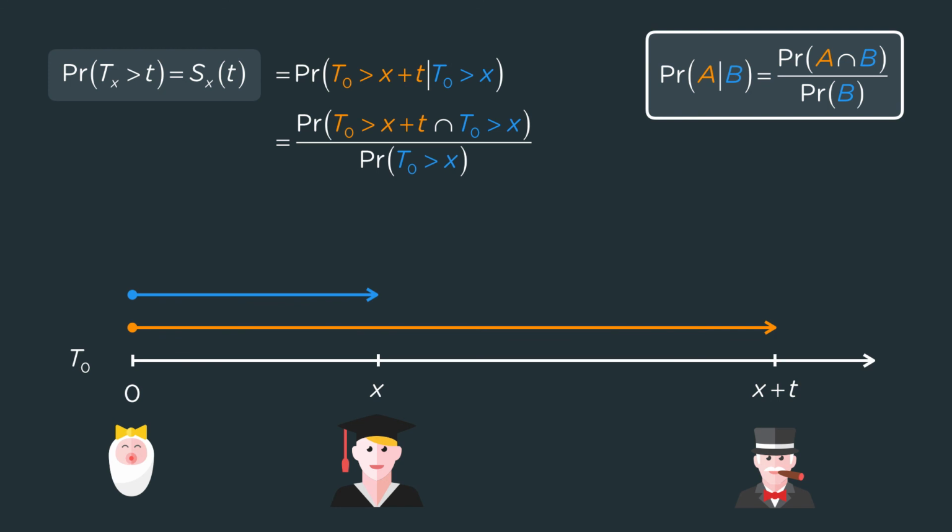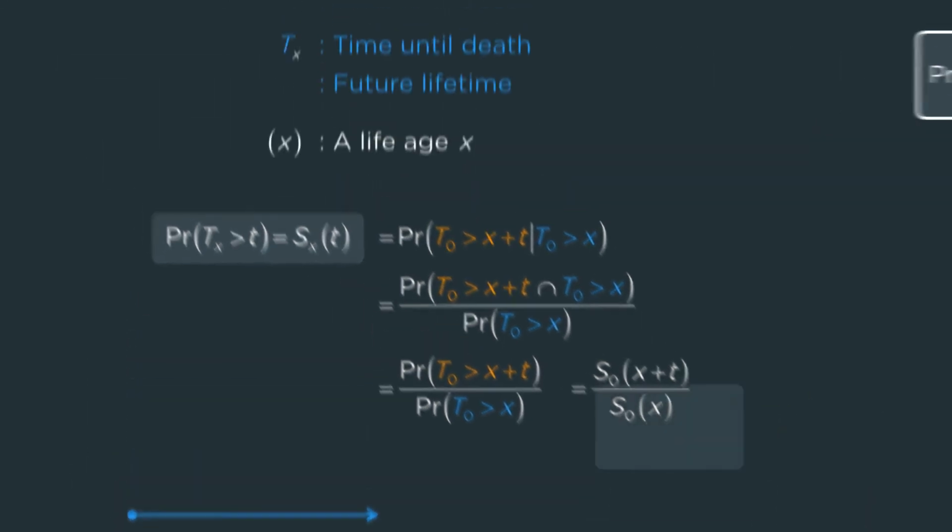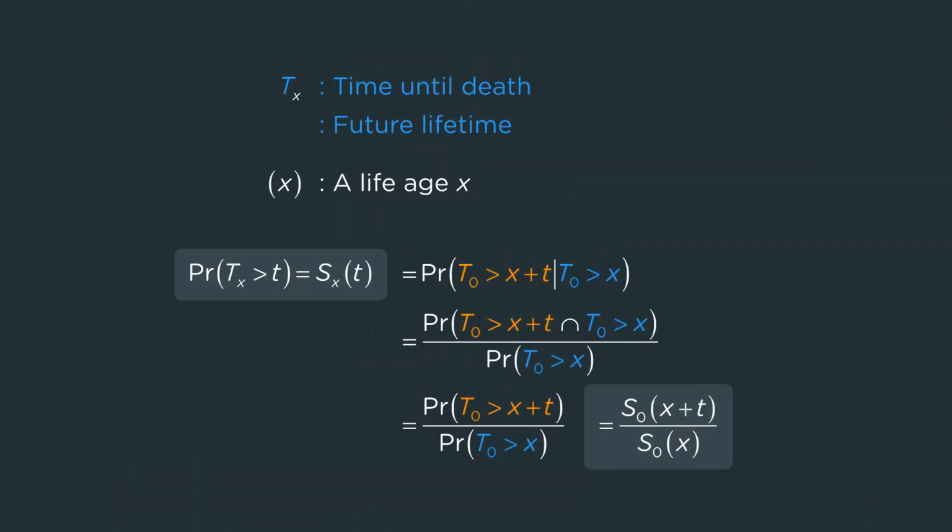So the conditional probability simplifies to A's probability divided by B's probability, which is the probability T sub 0 survives x plus t years divided by the probability T sub 0 survives x years. Using the survival function for human lives should be intuitive. Simply think of the survival function as the probability of surviving t more years given you're currently age x.